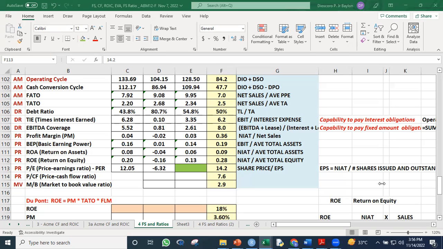Globe is 14.94. 9.6 din nakalagay dito. Double check nyo nga yung Globe kung ano. Saan mo kinuha yung figure. Di ba 14.94, no? Okay, so 14.94 yung Globe, 4.91 si Smart, at saka 9.82 si PLDT. Okay, so those are the PERs, no?